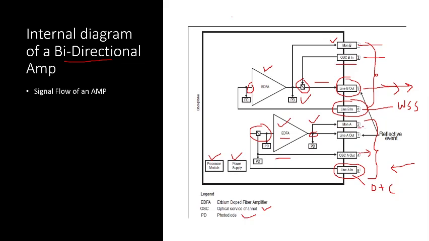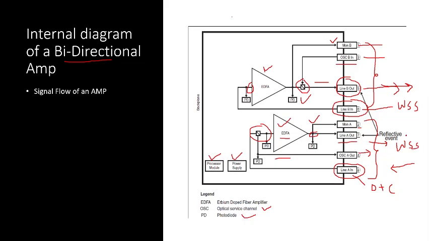Here we can connect the OSA, same as we can do at port number 1, to monitor the signal performance of this direction, the signal coming from site 2 to site 1. After that, there is line A out, port number 7, which is connected to your WSS cards further forward.